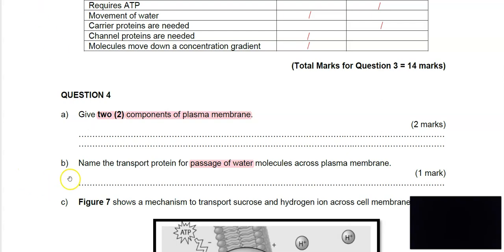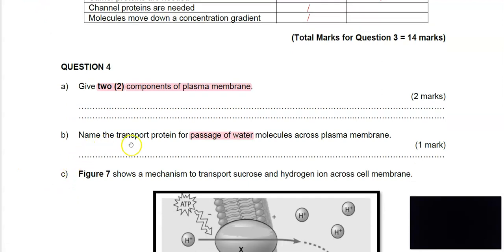Question B: name the transport protein for passage of water molecules across the membrane. The transport protein required by water to move across the plasma membrane is aquaporin. So the answer will be aquaporin.